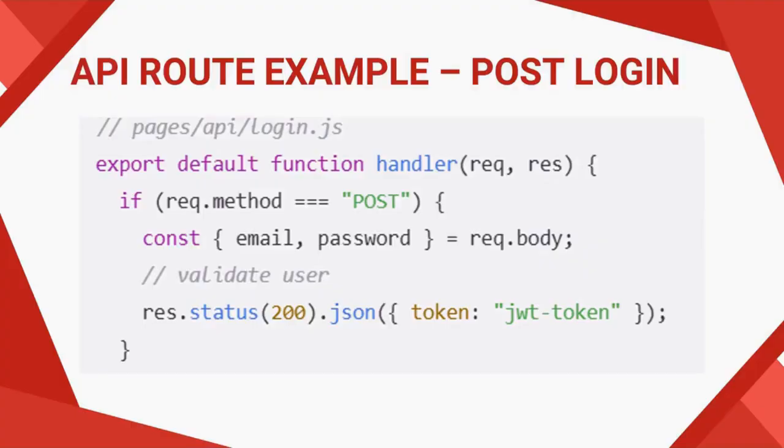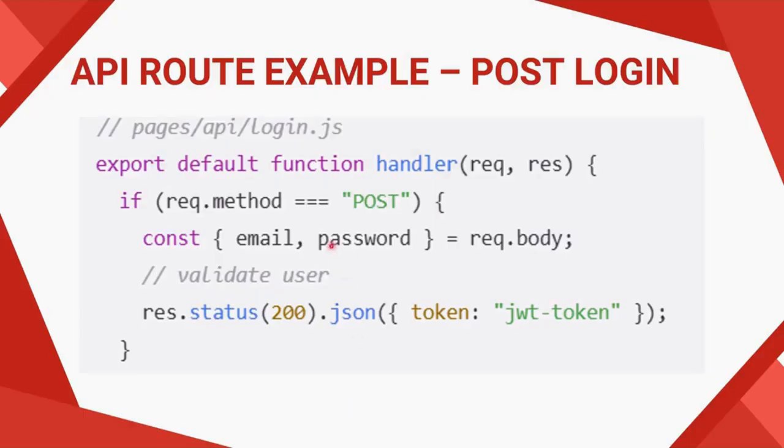Status of the API route: if req.method equals POST, then check that the incoming request is a POST request, usually a submitted form with login data. const email and password from request body. Extract email and password from the request body using destructuring.